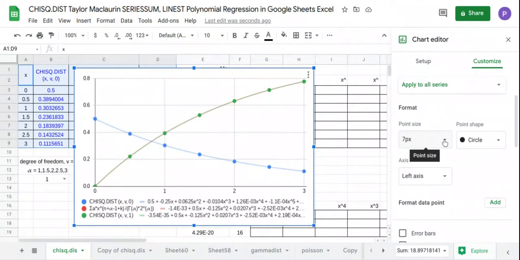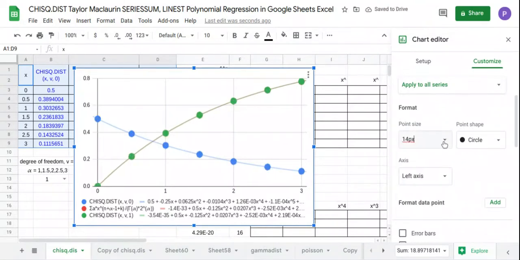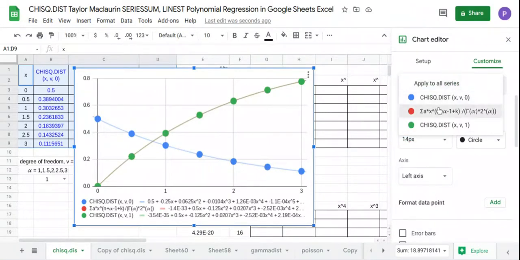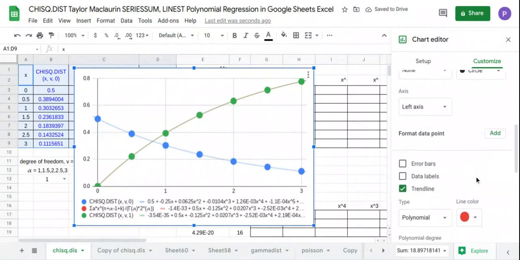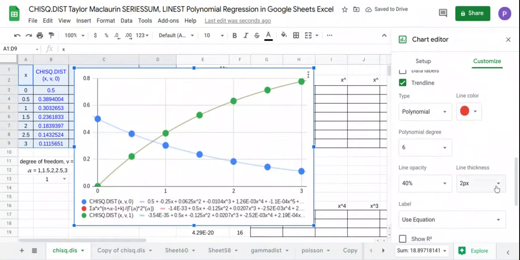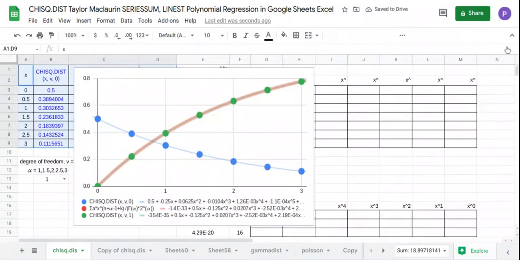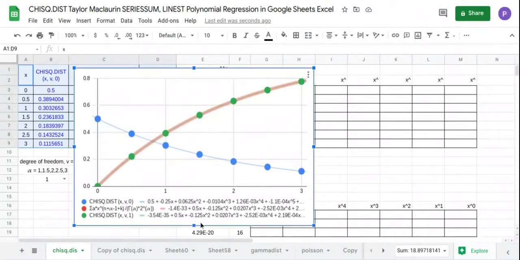Size of the point will be maximum except for the expansion. For the expansion, the point size will be none because this will toggle. But the line size will be maximum. Here's our trend line, the polynomial to the sixth degree.